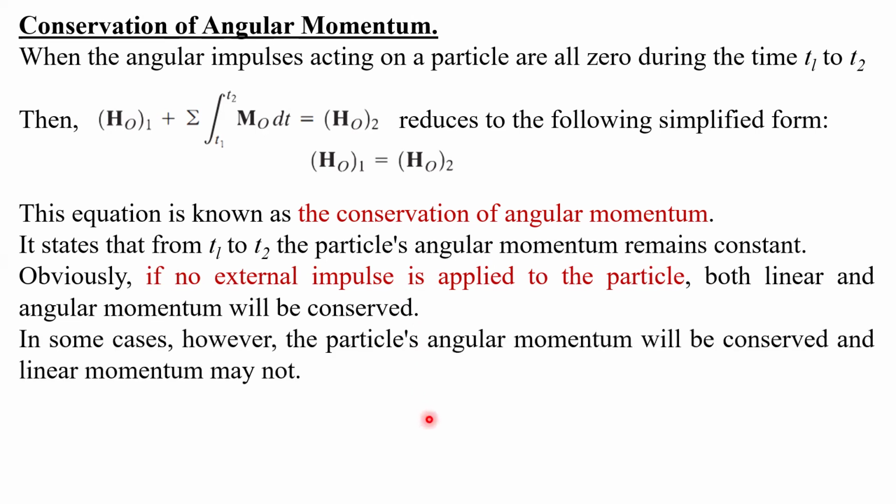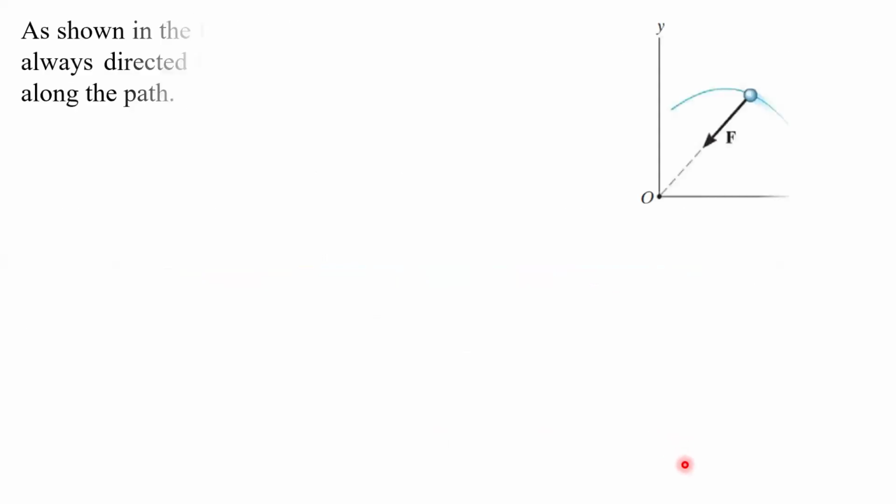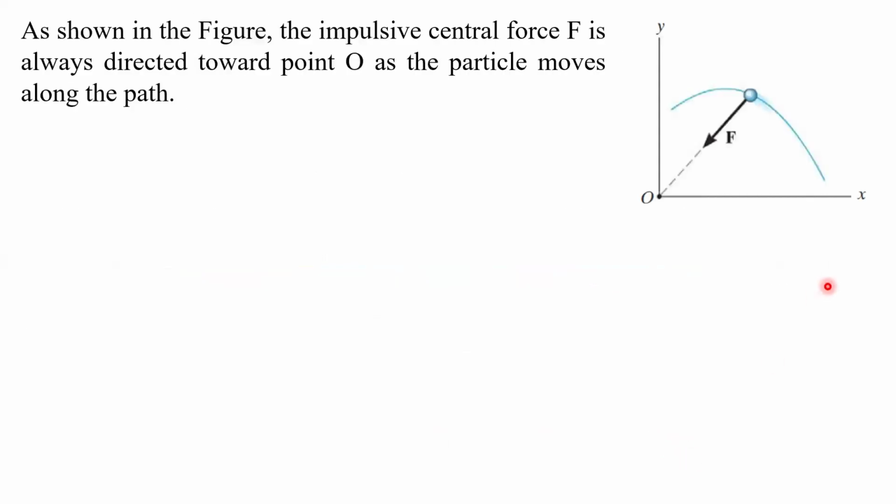In some cases, however, the particle's angular momentum will be conserved and the linear momentum may not be. An example occurs when the particle is subjected to a central force. As shown in the figure, the impulsive central force is always directed towards the point O as the particle moves along the path.